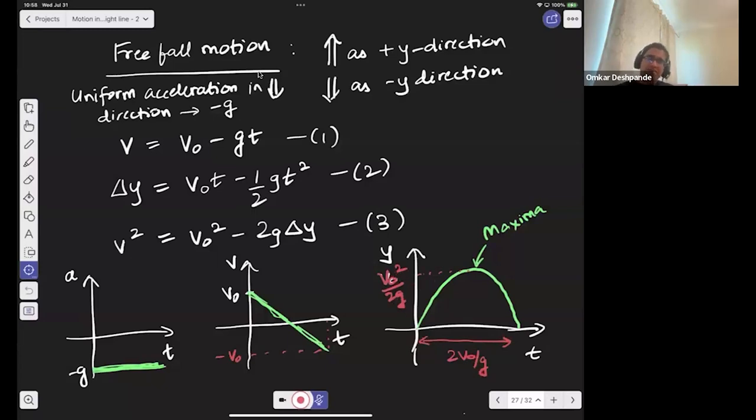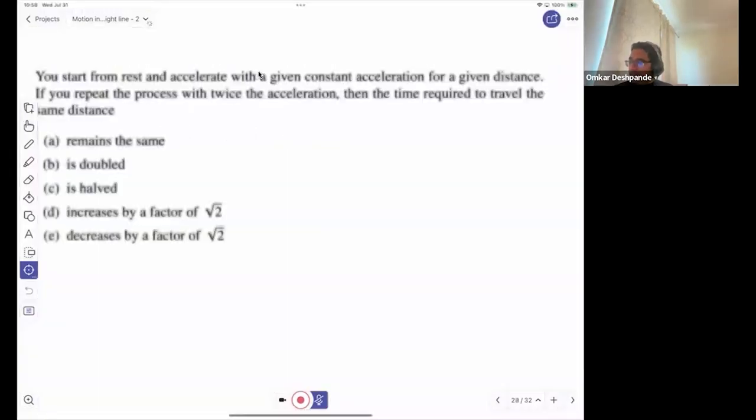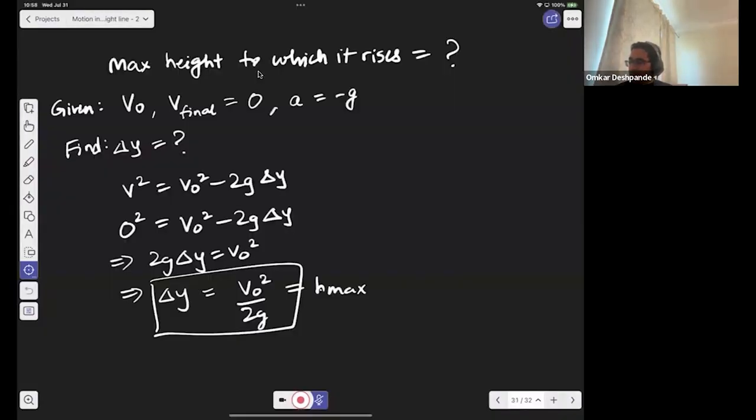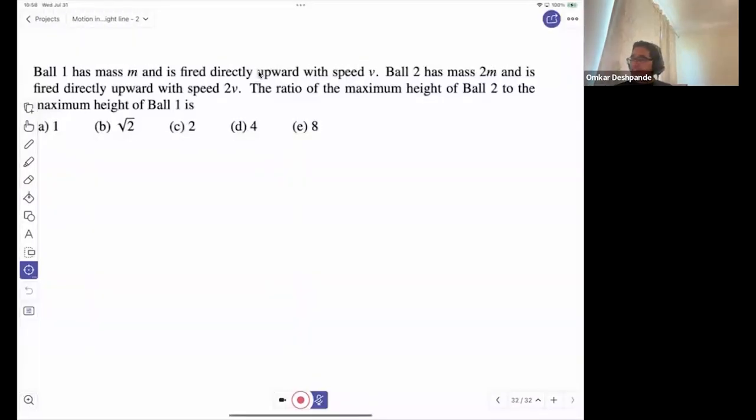Of course, I'm not advocating memorization of these without understanding of where they came from. But once you understand them, then to develop fluency, you can store them as results that you know how to get to and directly use them. So v0 square by 2g is the maximum height.